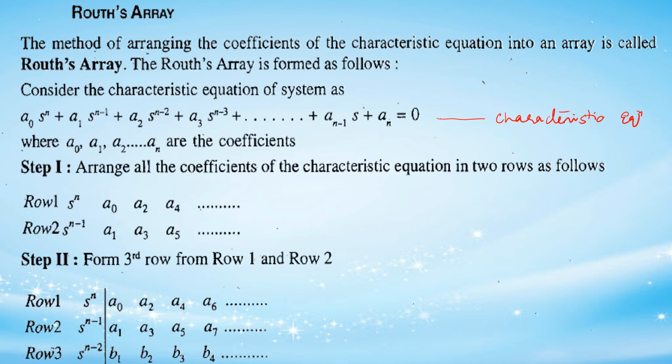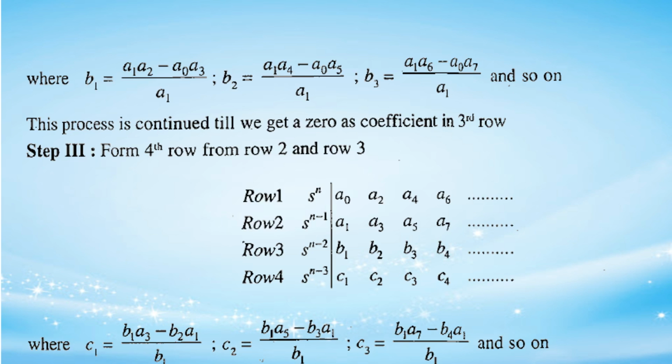For the third row, we need to calculate B1, B2, B3. There is a formula you have to follow. If you want to calculate B1, it is a1 into a2 minus a3 into a0, divided by a1. You will get the B1 value. Similarly, for B2, it is a1 into a4 minus a5 into a0, divided by a1.